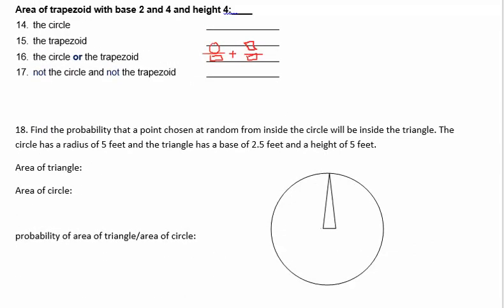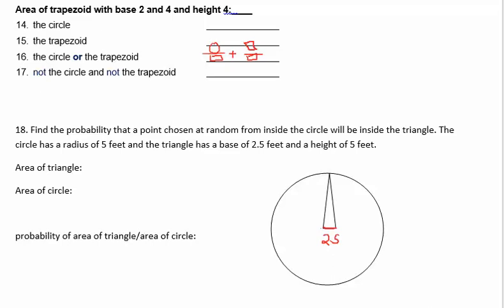And finally, the last problem, we are going to find the probability of a point chosen at random from inside the circle will be inside the triangle. So here's the triangle. The circle has a radius of 5 feet, and the triangle has a base of 2.5. That's from here to here. And height of 5 feet.